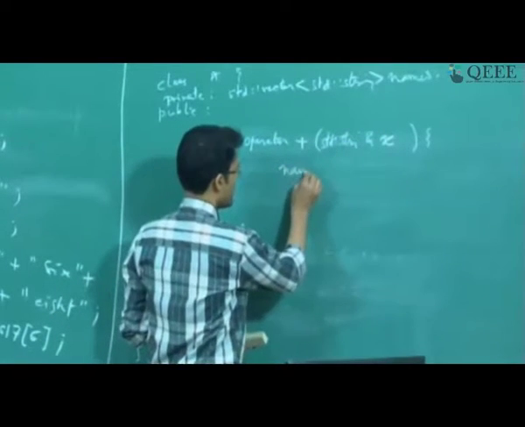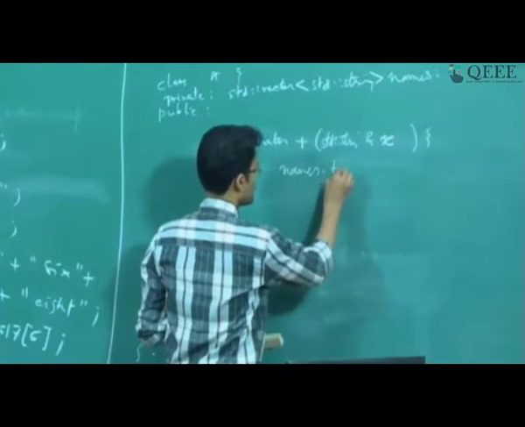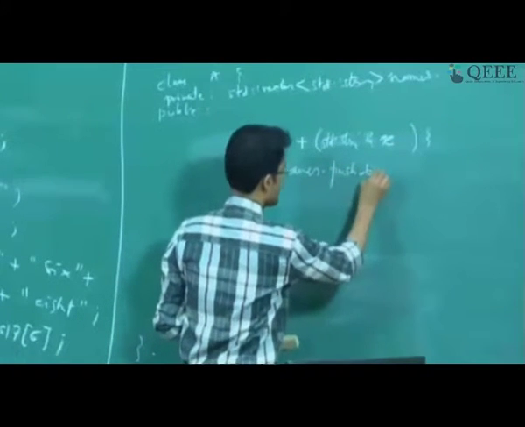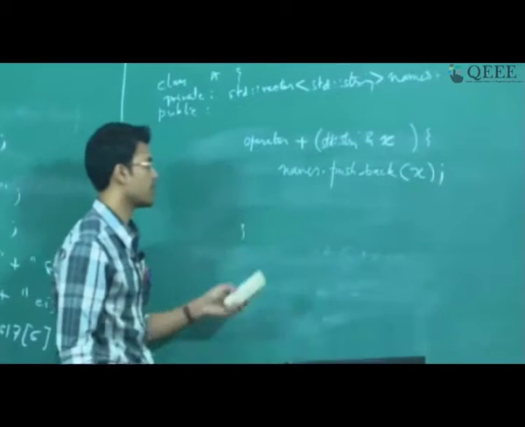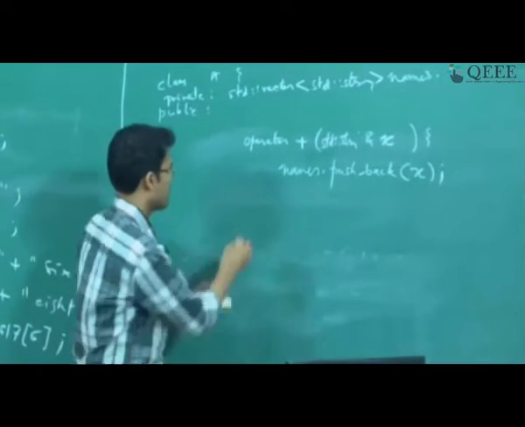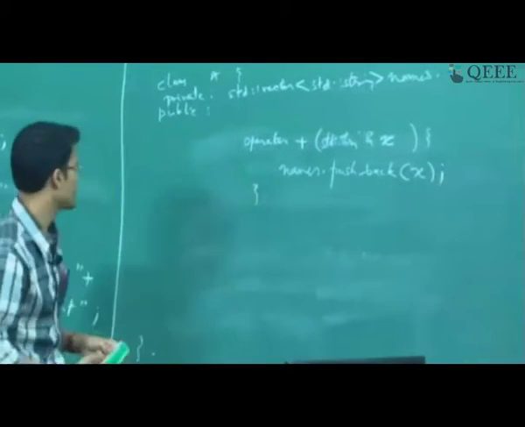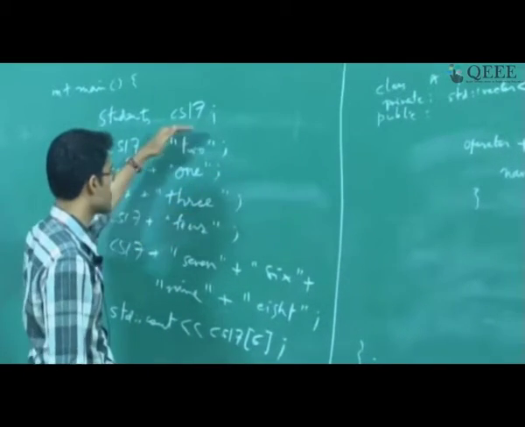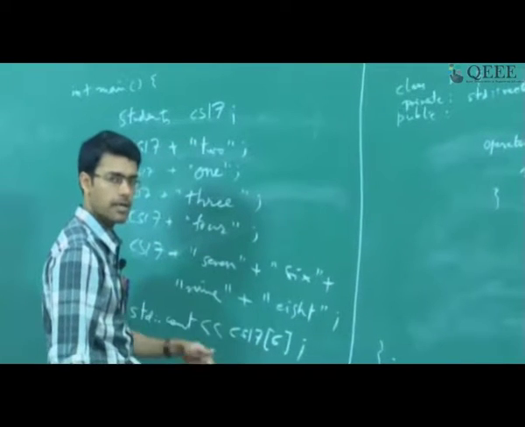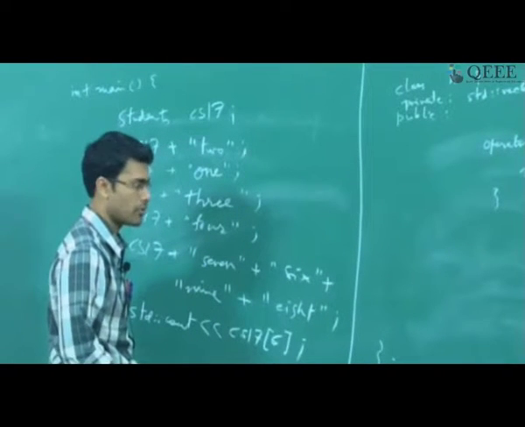So I can do names dot, so there is a function push_back in vectors which you can use to push that particular element to the end of the vector, right, which means that after all of these plus operations, names is going to contain all of these in this particular sequence, right, that sequence is also important.